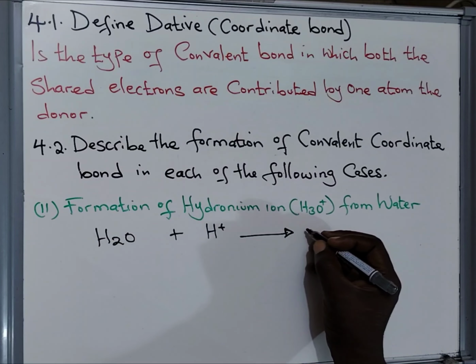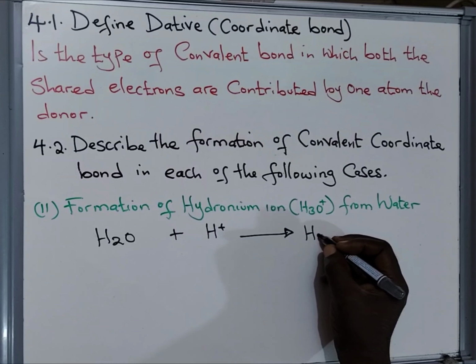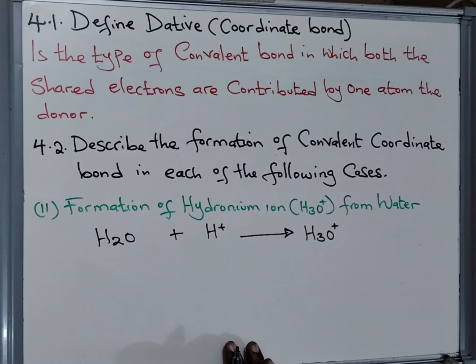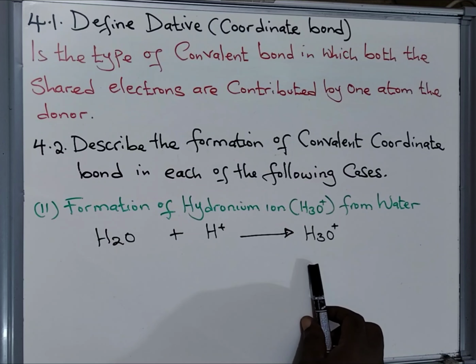It will bond to that water, giving you hydronium ion, this one. And the formation of this species involves coordinate bonding or dative bonding.